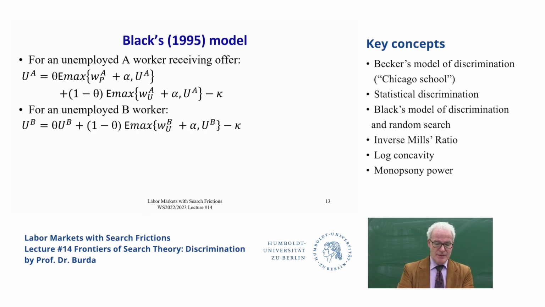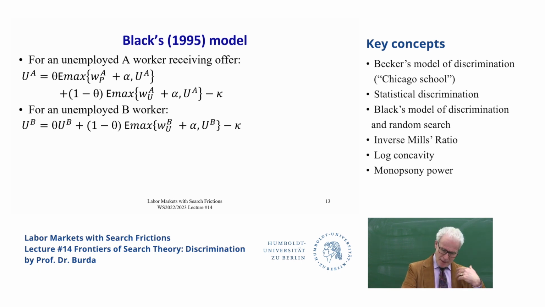The A worker has no such luck. The B worker basically, with probability theta, goes back into unemployment. So pays the kappa and still has to swim in the bathtub. With 1 minus theta, they get an offer, and they get WB. Okay, and they have the same draw as the A-type workers.